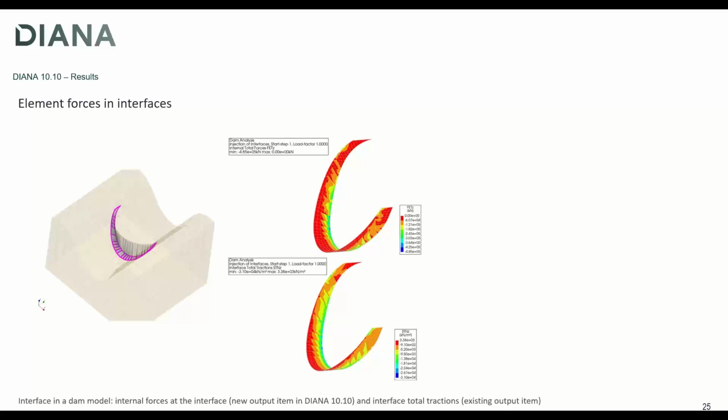Of course, we have local tractions, normal and shear tractions available, but then one needs to multiply them by the element area to get the force. That can be quite cumbersome. So now we have made available this element force in local direction. If we compare this result with traction results, the pattern will be the same, but of course the values are different. So now we can see the forces. That's all about my part.